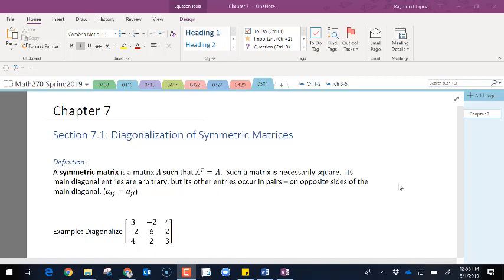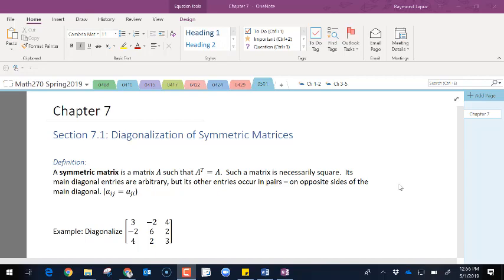For this, do you remember how to diagonalize a matrix? That was like an exam too, right? What's involved in diagonalizing a matrix? We need eigenvalues and eigenvectors. So let's take a look at the definition. We know what a symmetric matrix is. A symmetric matrix is a matrix such that the transpose is equal to itself. So we have to make sure that we actually do have a square matrix.